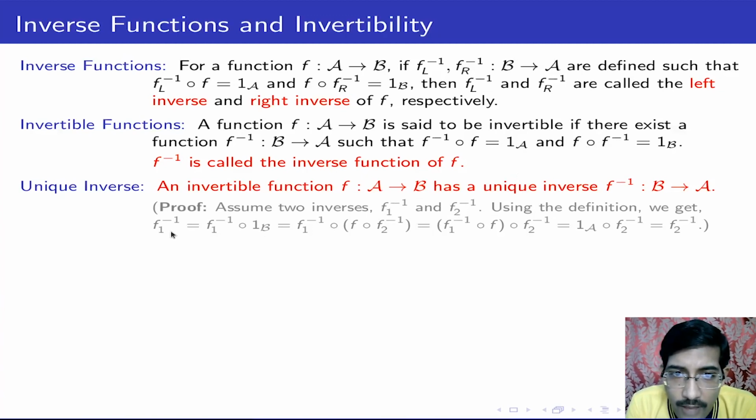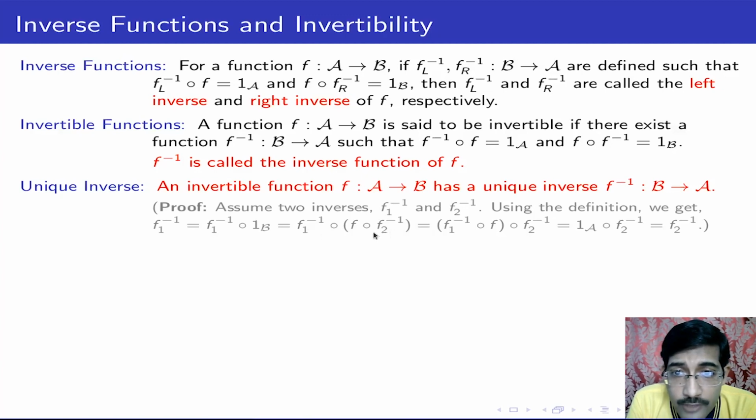Now see this compositional jugglery: f1 inverse is nothing but f1 inverse composed with the identity, because composition with the identity gives me back the same function, as we have seen in the last class. This identity is nothing but f composed with f2 inverse, as per the definition of invertible, and f2 inverse is my inverse.